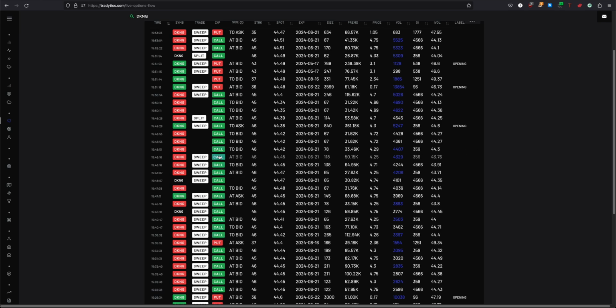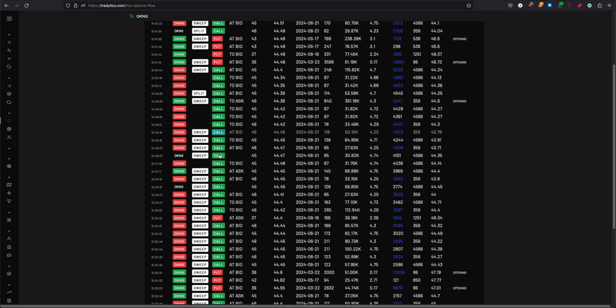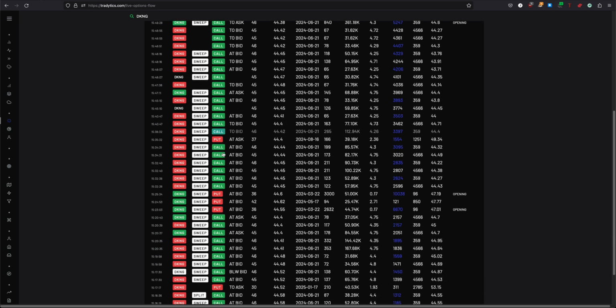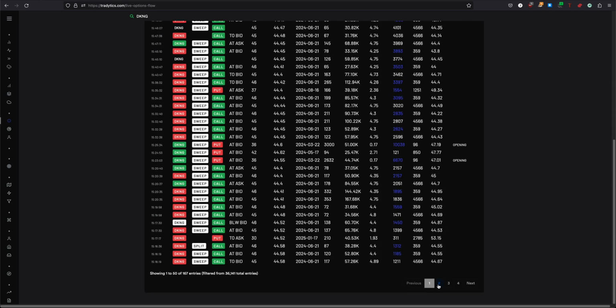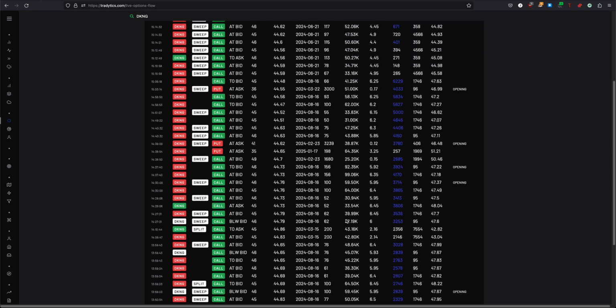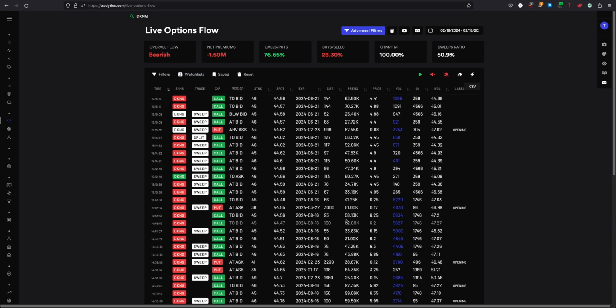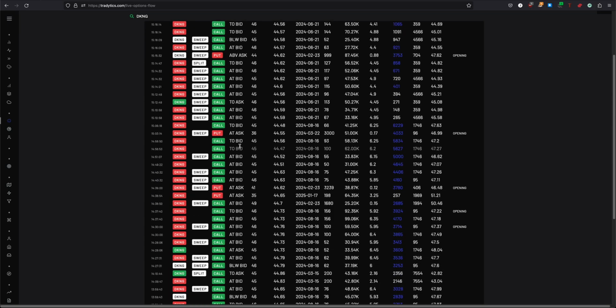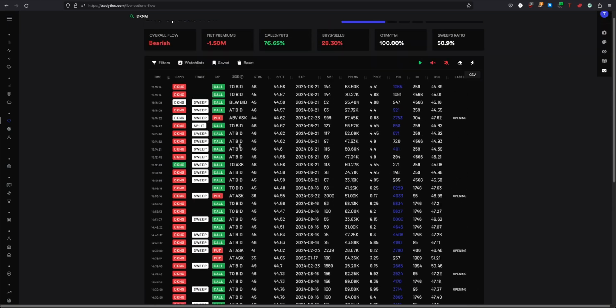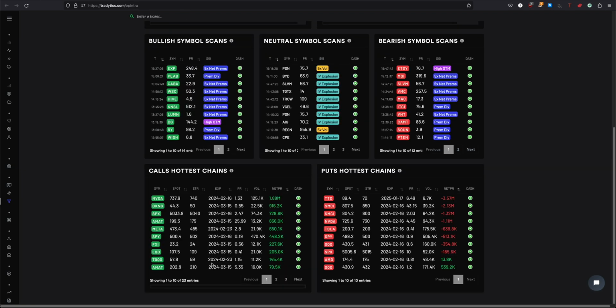It's not necessarily that these people are betting that the stock's going to go down. They're not writing these calls, right? So this is why it's important to just go through and look at the orders. Once you are interested in taking a trade based on the flow, just go through and verify that you're not getting tricked into seeing big green premiums on something.